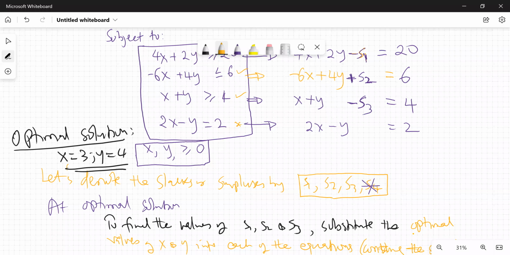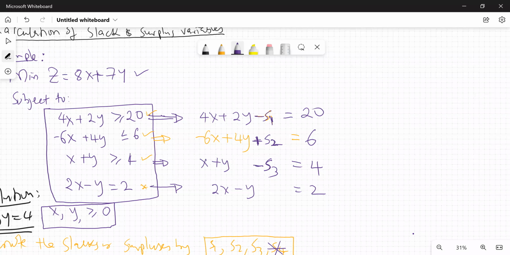So in short, if you want to find the value of this variable here, you are substituting when X is equal to 3 and Y is equal to 4. So this would be 4 times 3 plus 2 times 4, minus S1 is equal to 20.